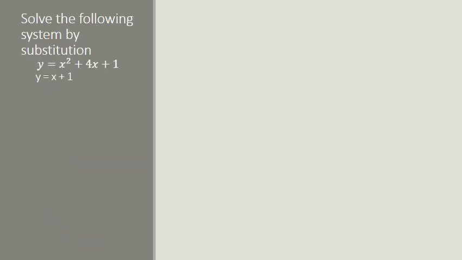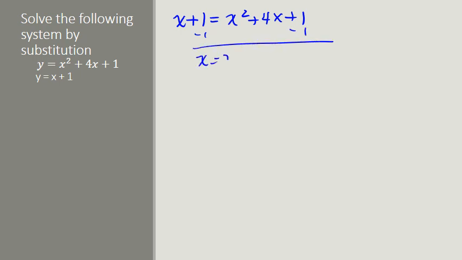Okay. Now let's solve this system by substitution. Since they're already solved for y, I can set them equal to each other. So x plus 1, we're substituting in for y in the top equation, equals x squared plus 4x plus 1. It's a quadratic, so I have to bring everything over to one side. So I'm going to subtract 1 and get x equals x squared plus 4x.